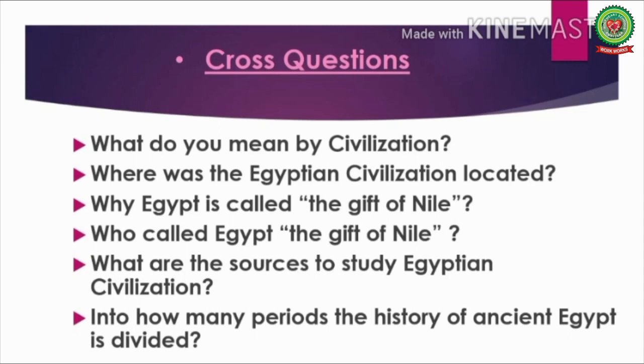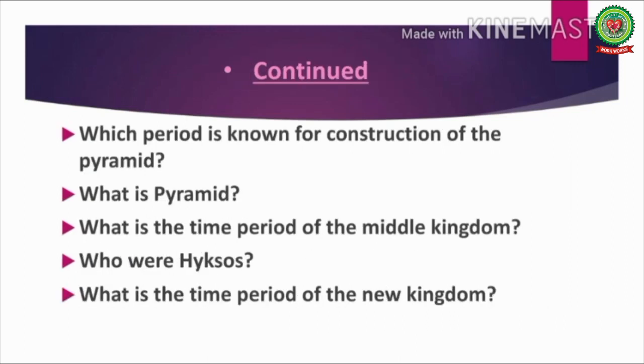Number 6, into how many periods is the history of ancient Egypt divided? Number 7, which period is known for construction of the pyramid? Number 8, what is a pyramid? Number 9, what is the time period of the Middle Kingdom? Number 10, who were Hyksos? And number 11, what is the time period of the New Kingdom?